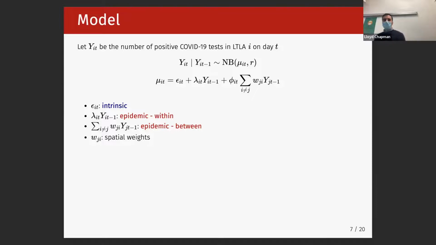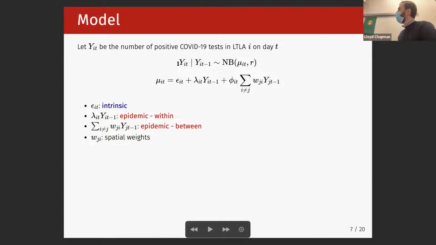Our first attempt at modeling this data was with the vanilla version of the endemic-epidemic framework. So we model the current number of cases just conditionally on the last observation.